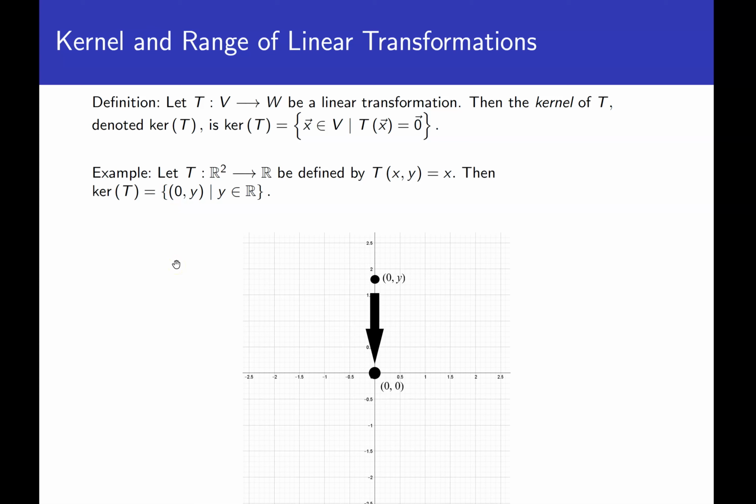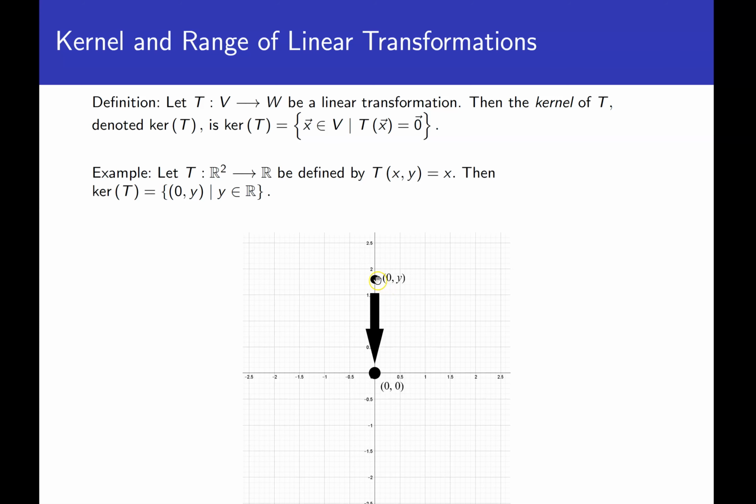So as a picture here, here's the R2, here's the Cartesian plane. If we take a point 0, y, anything on the y-axis, we're going to map it to, again, its x coordinate, essentially. So everything in the plane gets mapped to the real axis. So this is just a geometric picture of what's going on for this particular transformation.